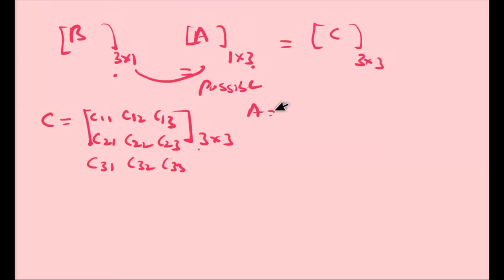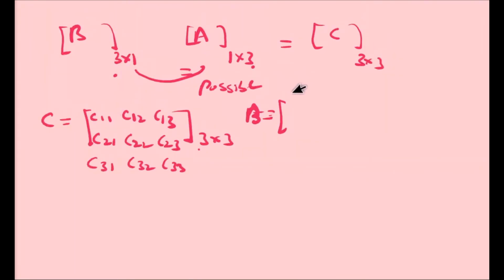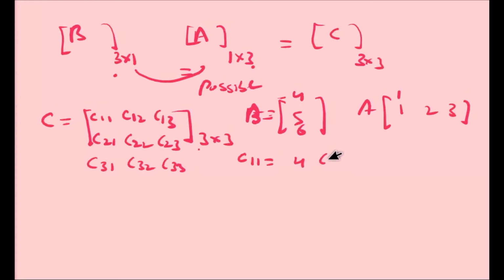B was 4 5 6 and A is 1 2 3. So C11 is first row, first column, meaning 4 into 1 only, that is 4.